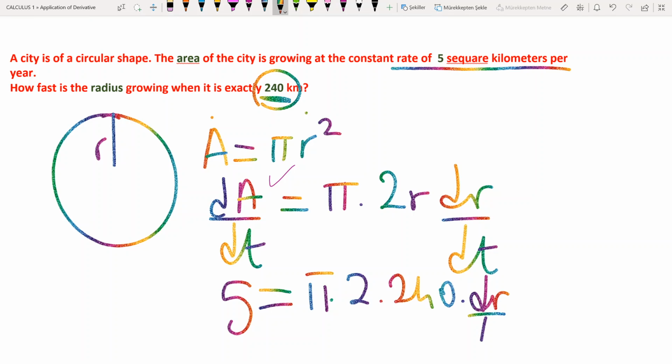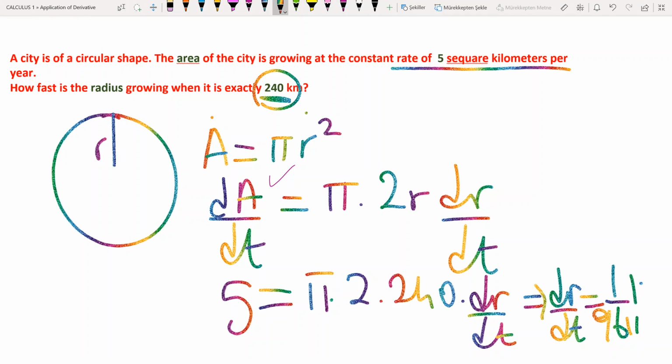The dr over dt is requested. In this case, the change in area is given, and the change in r becomes 1 over 96 pi kilometers per year.